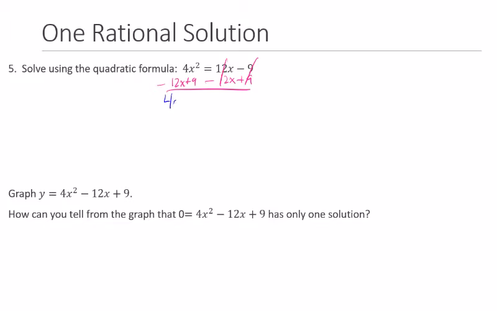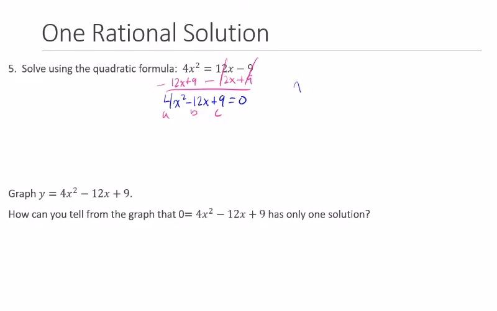So we get 4x squared minus 12x plus 9 equals 0. Okay, so now we identify a, b, and c. Remember, we're not taking the x's, just the coefficients and their signs.